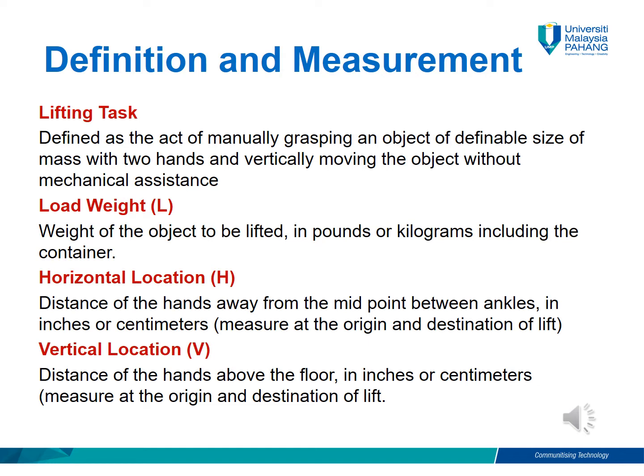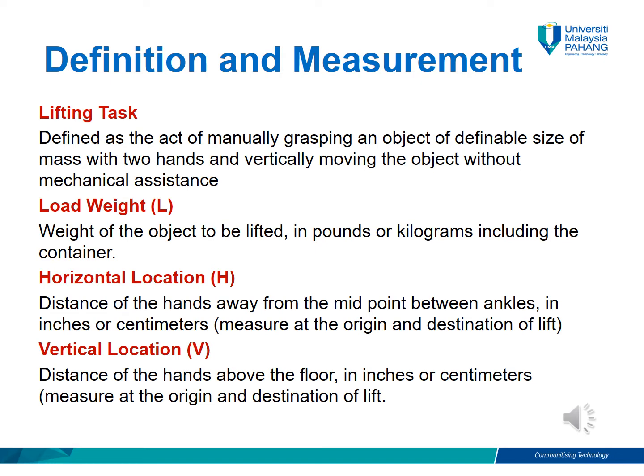Horizontal location is the distance of the hands away from the midpoint between the ankles, in inches or centimeters. In this case, we will use centimeters. I will show you a picture to give you a clearer visualization of the horizontal location.